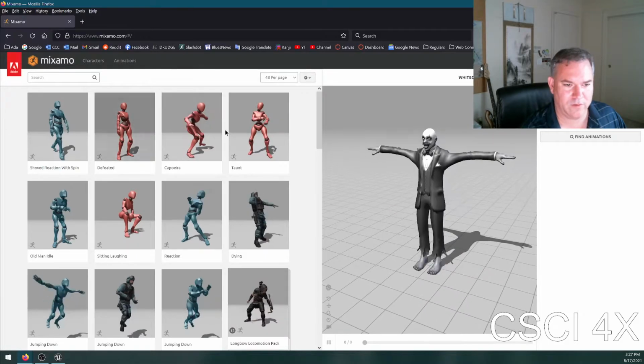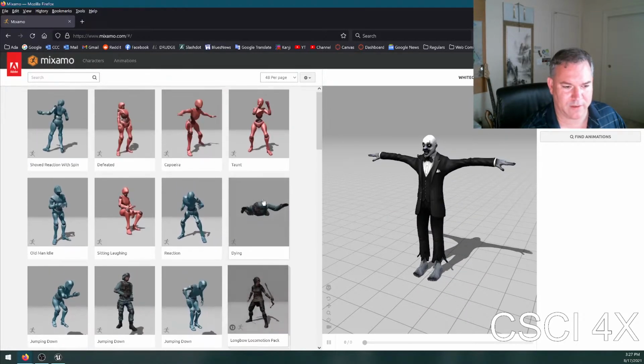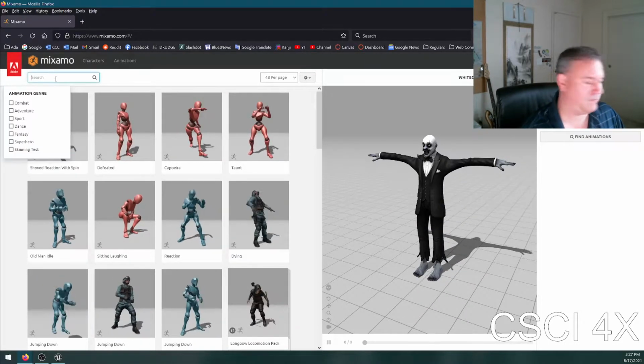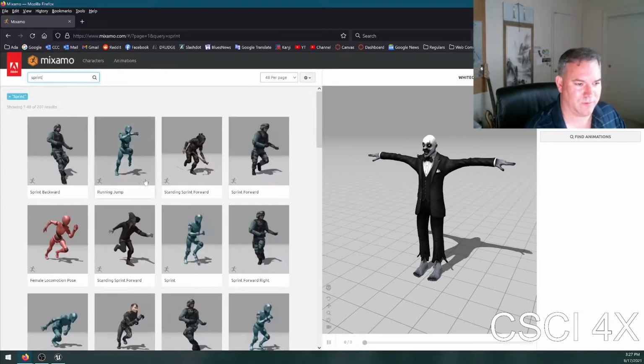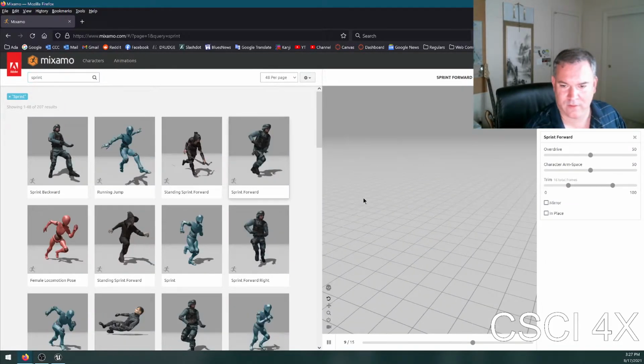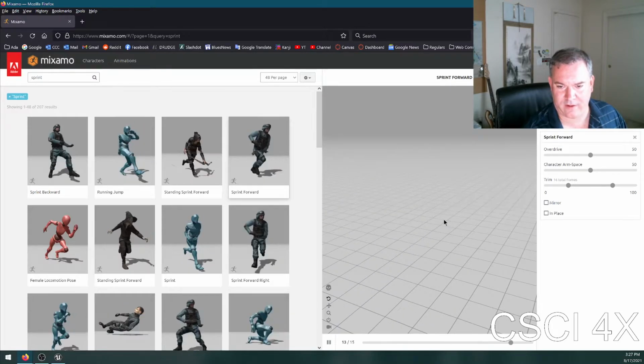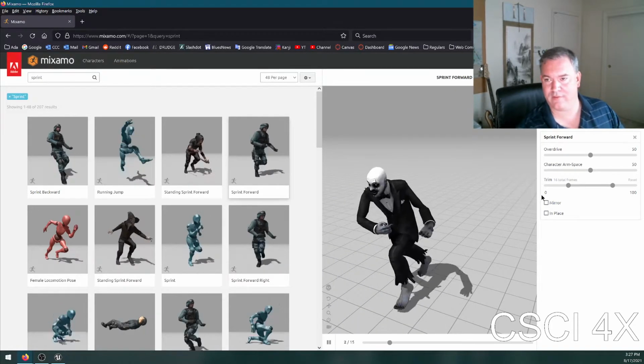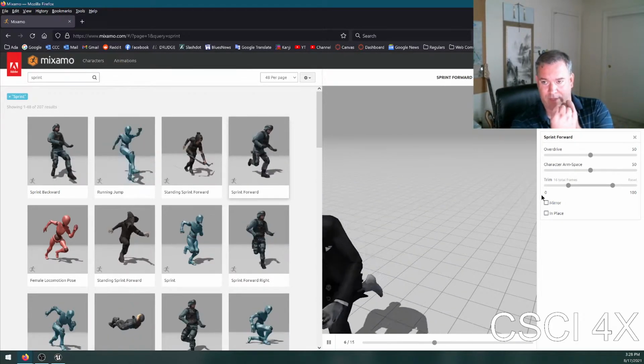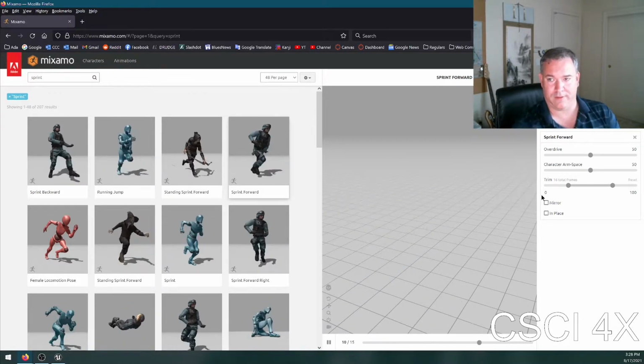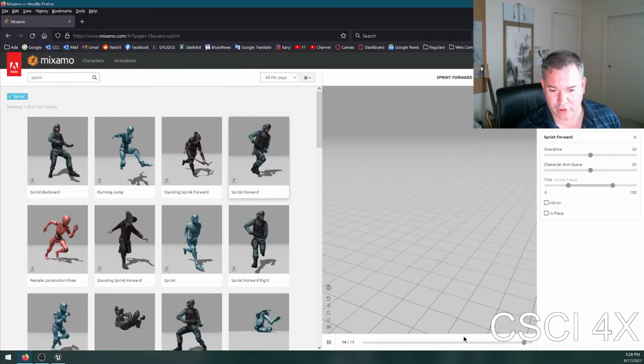All right. So when you have a sprint animation or something like that, sprint forwards, you see how the scary clown is running forwards. What's happening is that when you're doing your animation, it's actually animating off the origin of the world, which is right here.